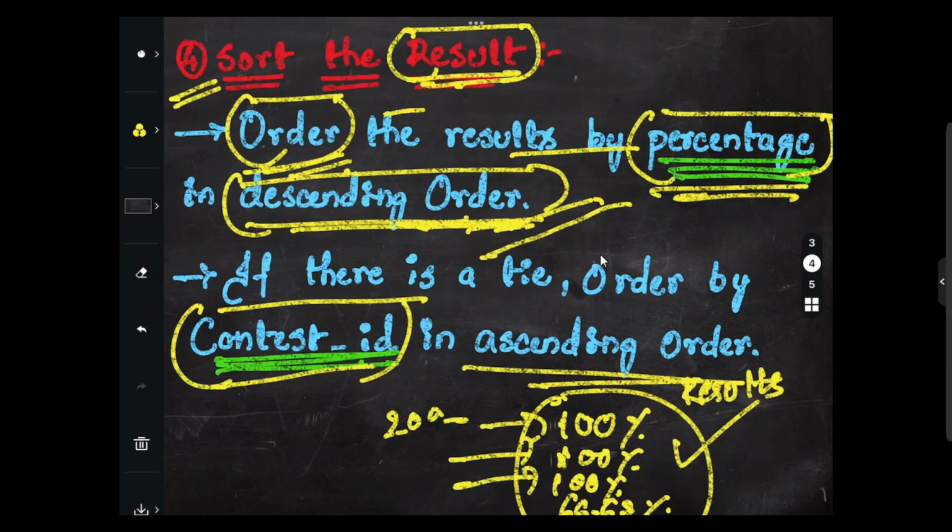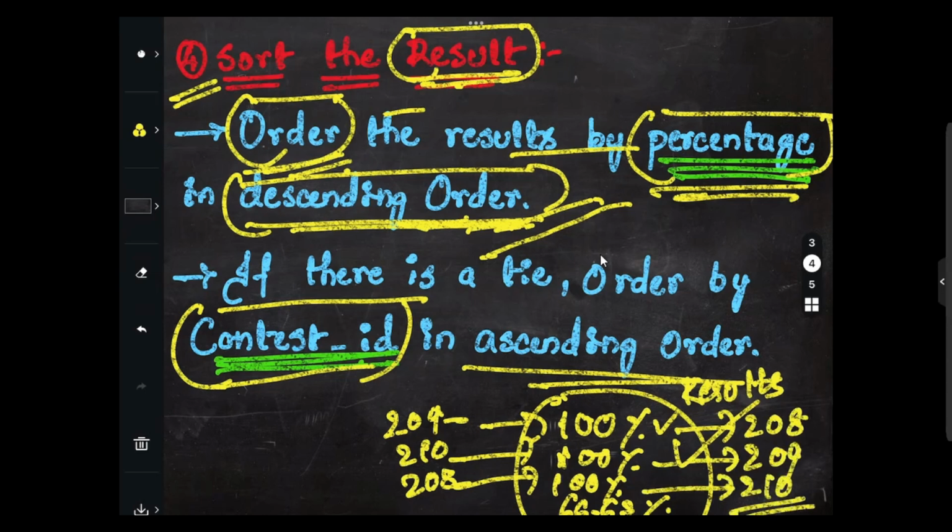This was basically 209, 210 and 208 in this case. If there is a tie, we will order by contest ID in ascending order. So when we order in ascending order, this will be 208, this will be 209, and this will be 210. I hope this is clear.